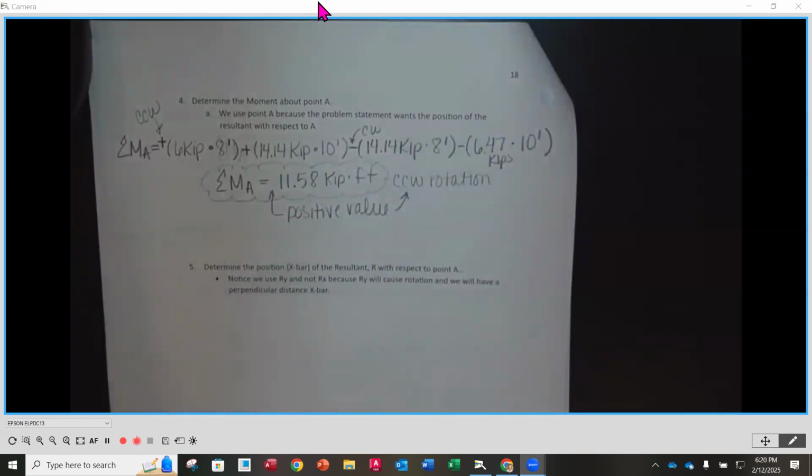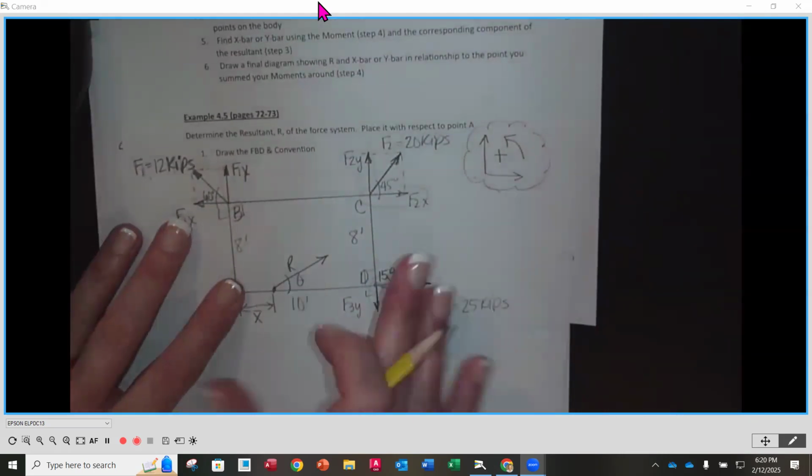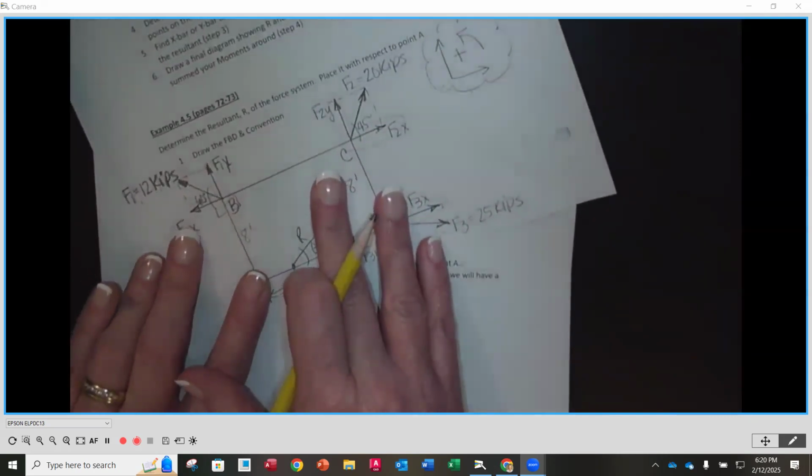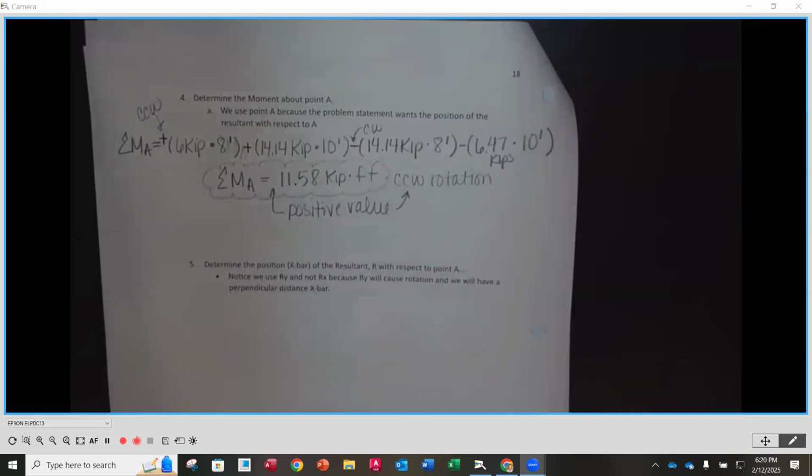That's going to equal counterclockwise rotation or counterclockwise direction is the total moment. So the tendency of these forces is to cause this whole body to go counterclockwise. All right. And that's the actual quantity, if you would, of the moment that's going to get us there.